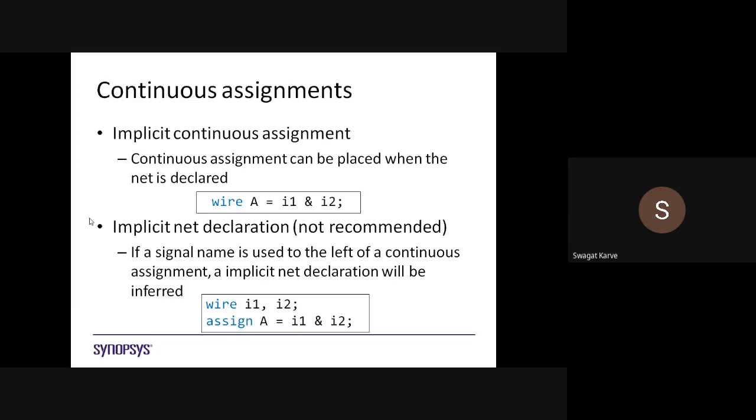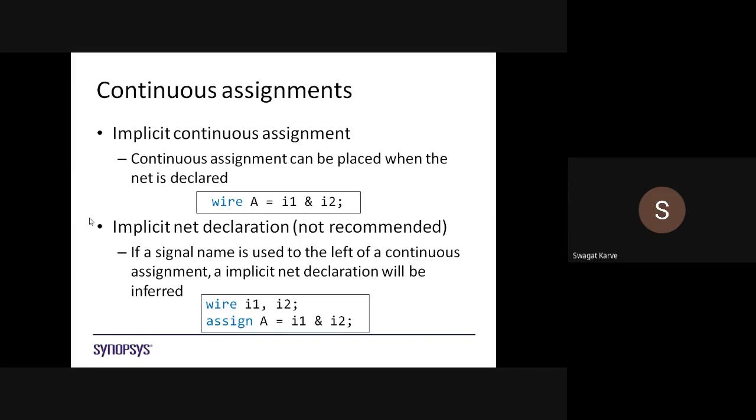Or suppose we have used some variables or some net parameters in the module, and if you want to declare those parameters later on in the programming, then this implicit continuous assignment statement is used. For example, wire A is equal to I1 and I2.